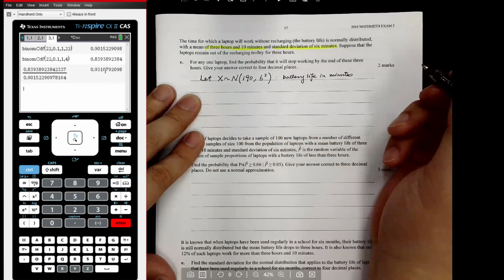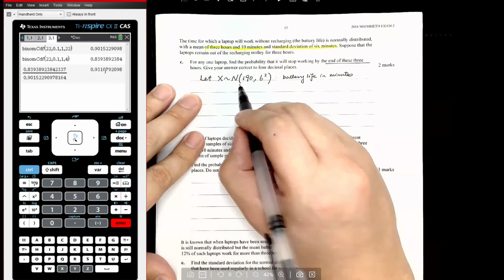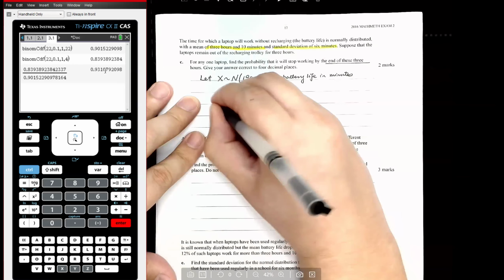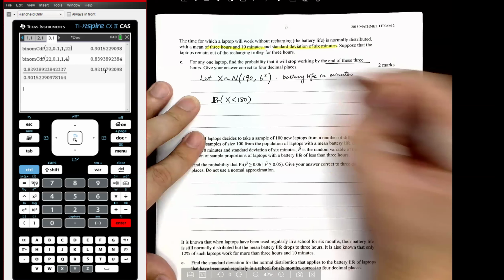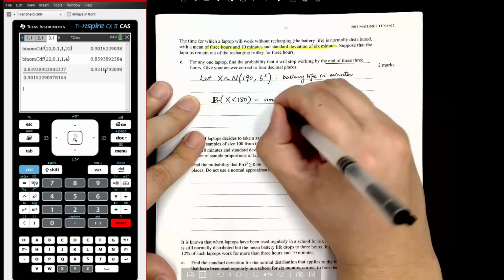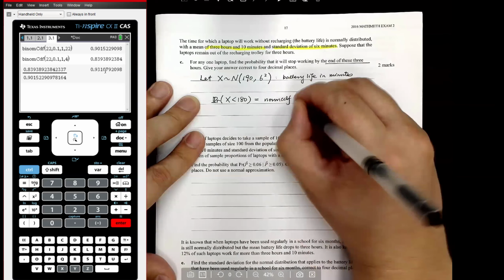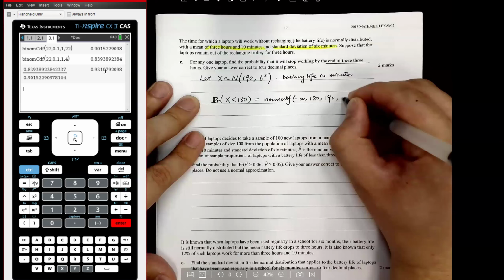And by the end of the 3 hours means the battery life is less than 180. So we would like to find the probability of X less than 180. And you might want to use norm CDF. This is a continuous random variable now. Norm CDF minus infinity to 180. The mean value is 190 and the standard deviation is 6.